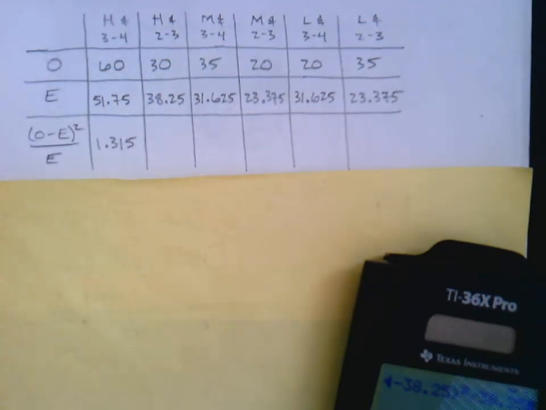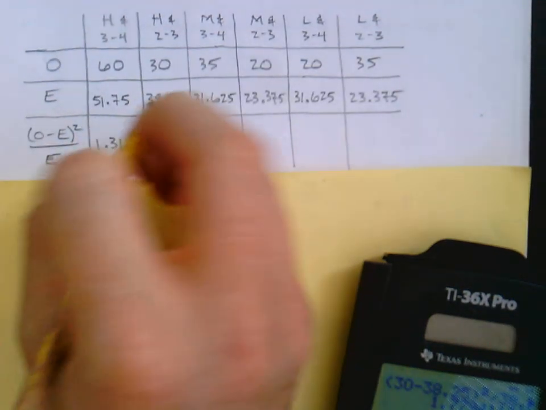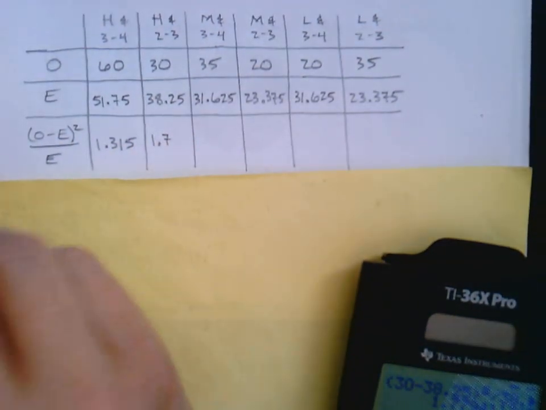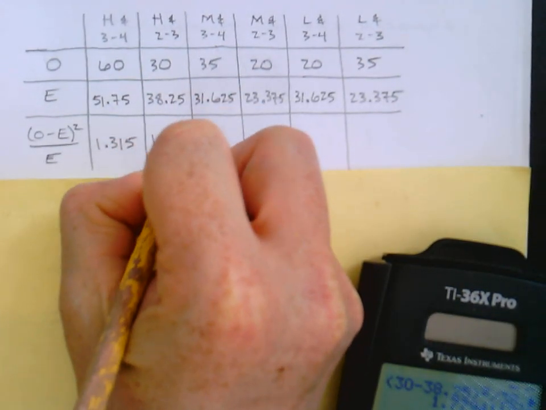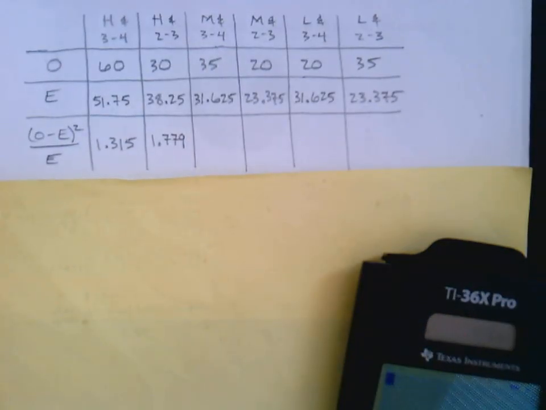30 minus 38.25 squared divided by 38.25. 1.779. Okay. Next one, parentheses 35 minus 31.625 squared divided by 31.625.